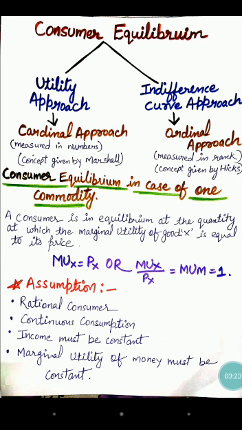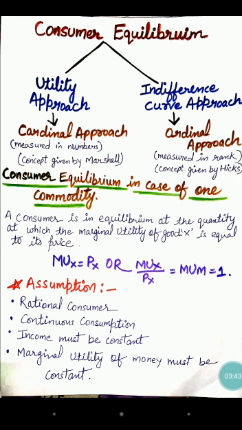This utility approach can be applied in case of one commodity and in case of two or more commodities. First of all, we are taking consumer equilibrium in case of one commodity.